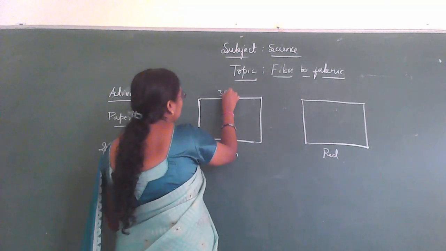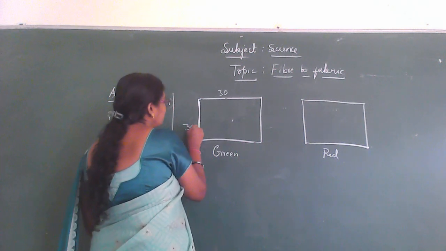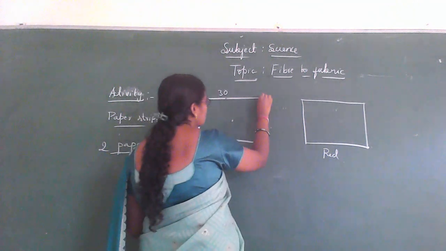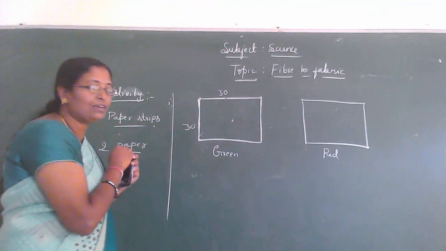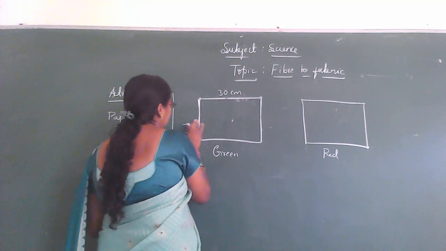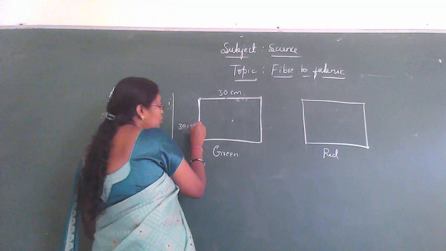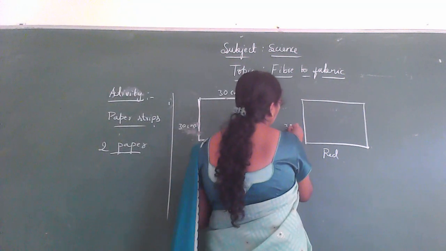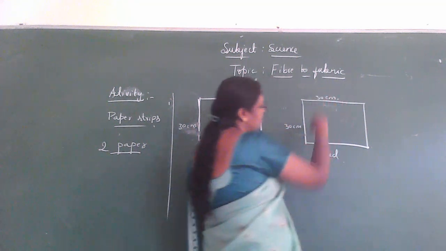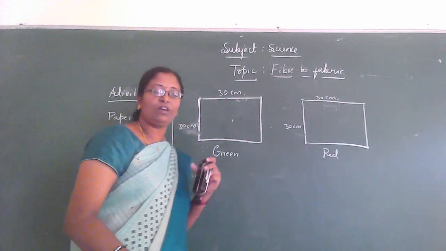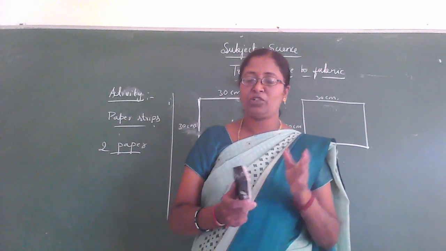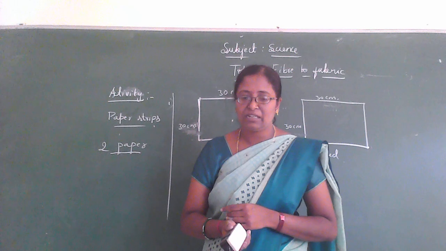So the length and then the breadth of this paper should be, yes, how much? 30 centimeter. It should be the same. The length should be 30 centimeter and the breadth should be 30 centimeter. Okay. So take equal length and breadth of the paper.